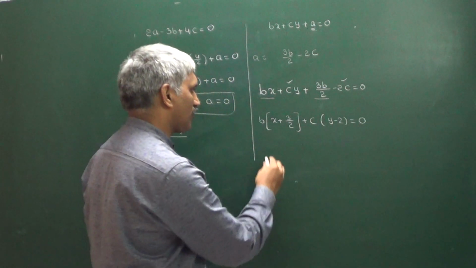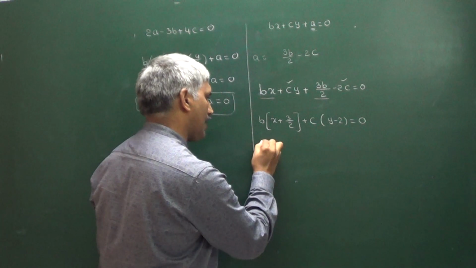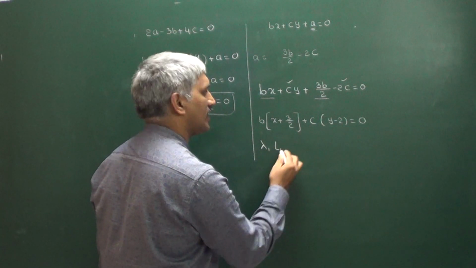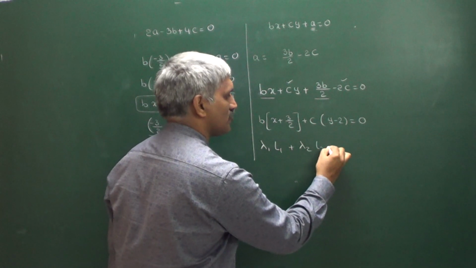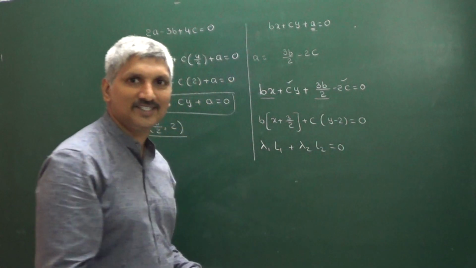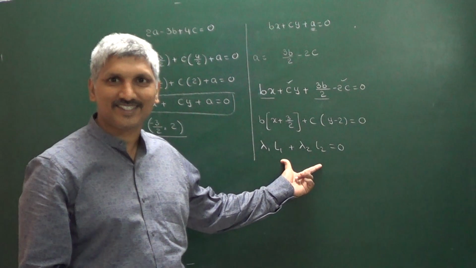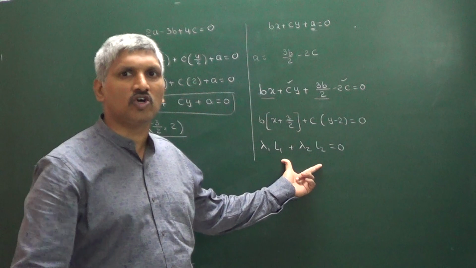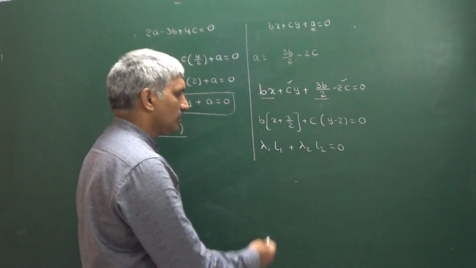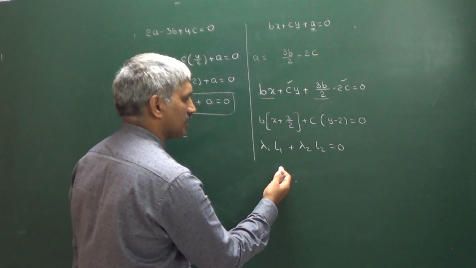Now we are getting it in the form of lambda 1 into L1 plus lambda 2 into L2 is equal to 0, which is the family of lines. Yes or no? L1 plus lambda L2 is equal to 0. Right? So then what it becomes?